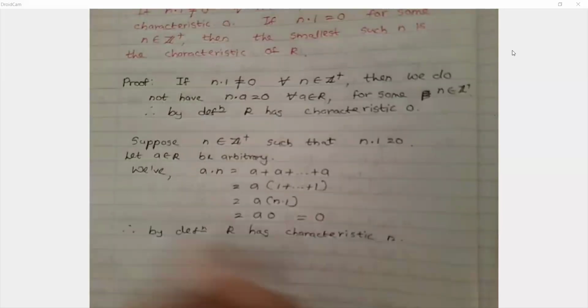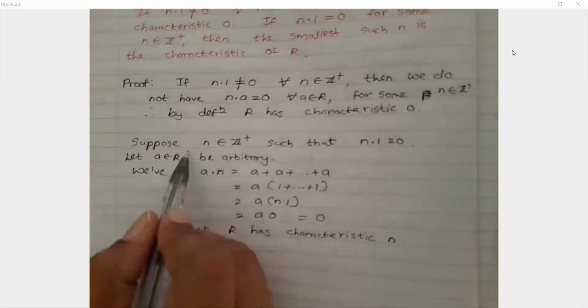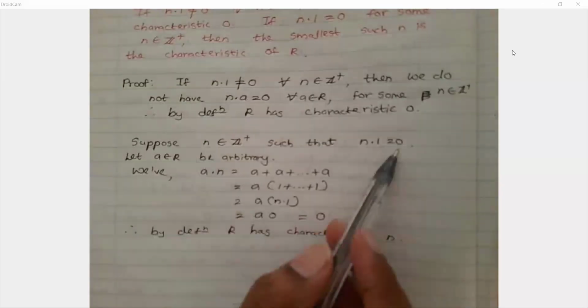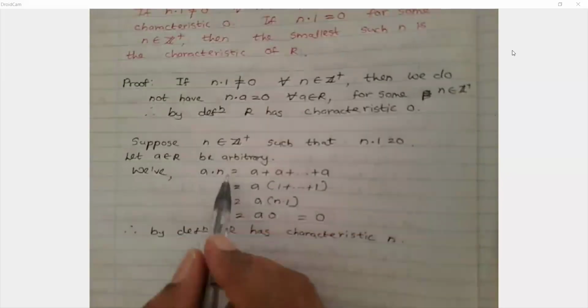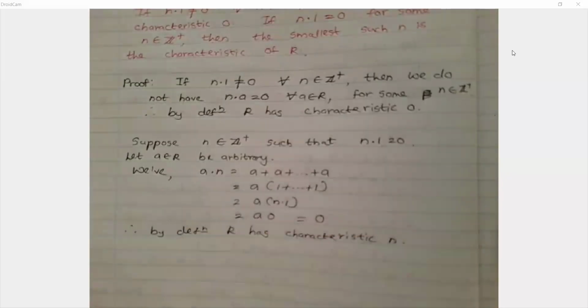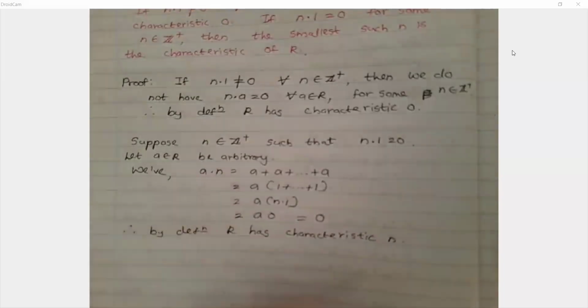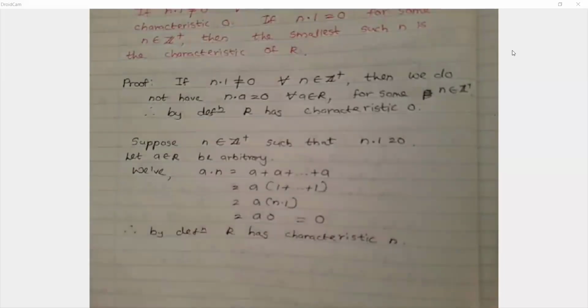If we take this n to be the smallest n such that n times 1 is equal to 0, which we have to state over here, then for every other element this works too. By definition, R has characteristic n.